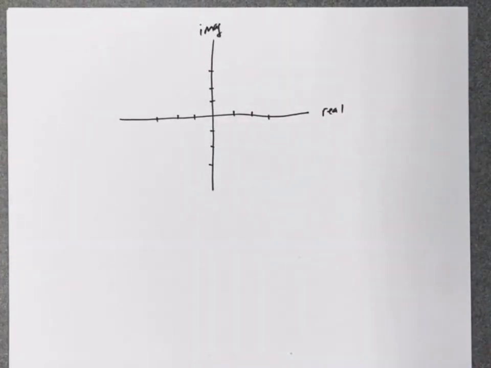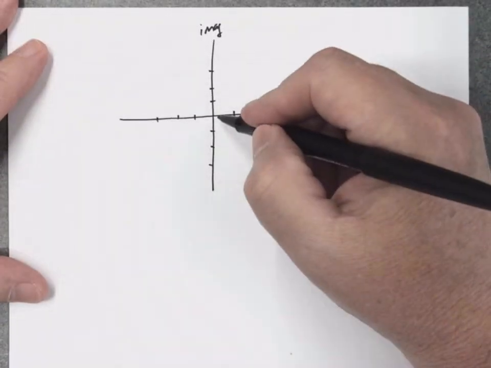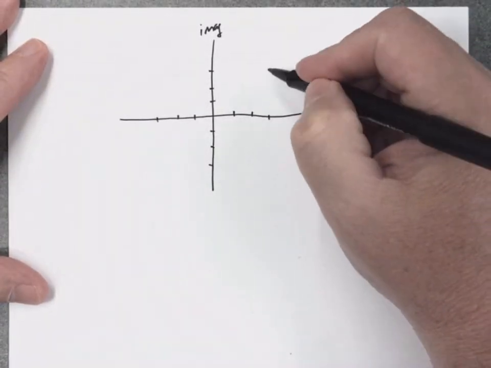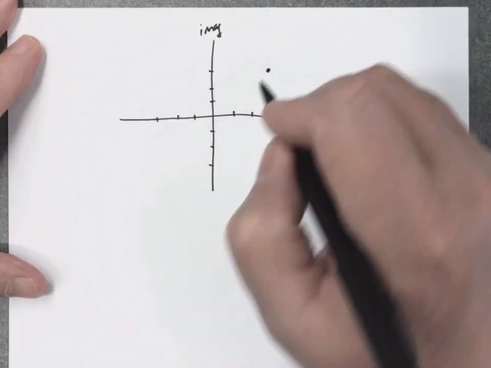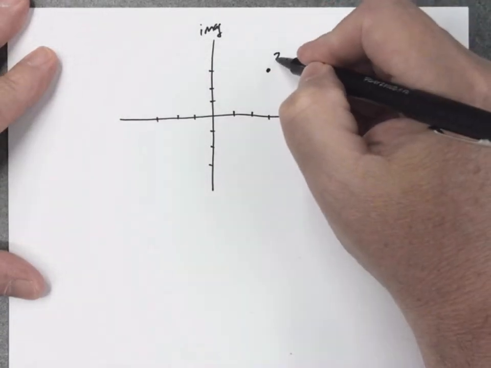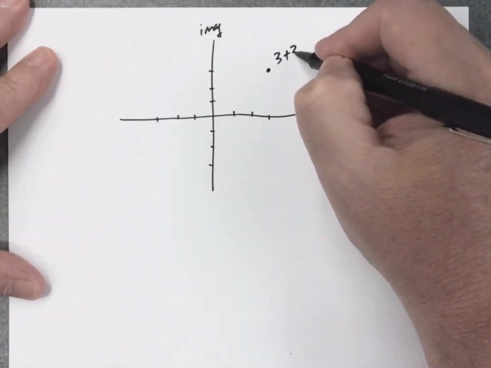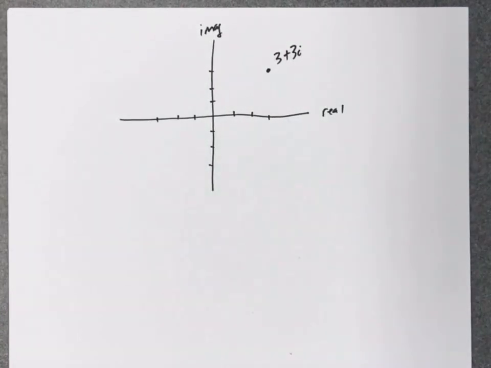So let's just graph the complex number 3 plus 3i. So 3 on the real axis, 3i on the imaginary axis. So this point is 3 plus 3i. And we would say this is the rectangular coordinate of that point.